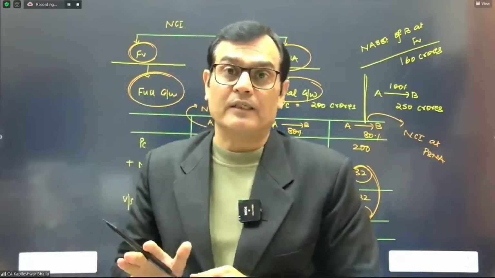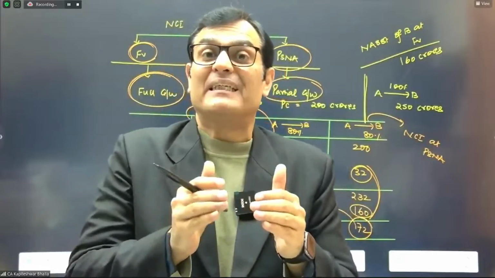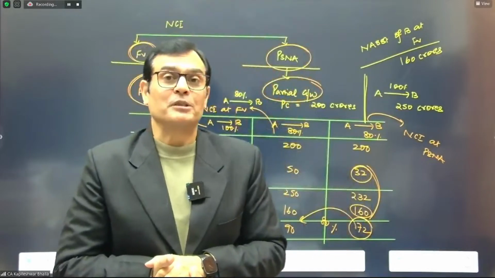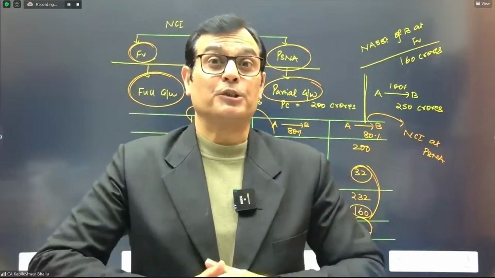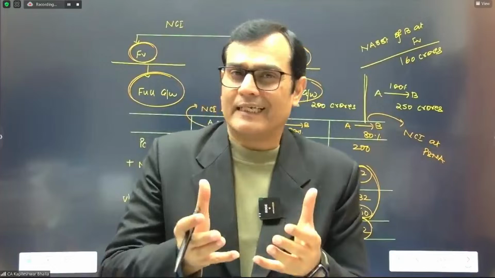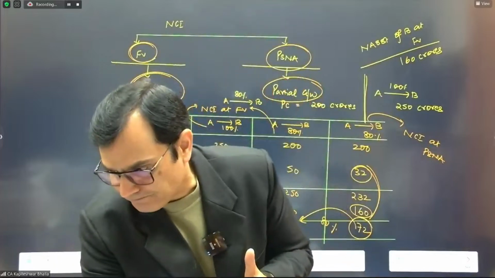When you consider NCI at proportionate share, you get a goodwill which is partial, which is only the parent company share. This is going to be a deciding factor, especially when you're going to do the impairment testing, and in terms of consolidation, that goodwill impairment loss will be borne by which company, that is the parent or the parent and NCI both, is going to be a deciding factor.